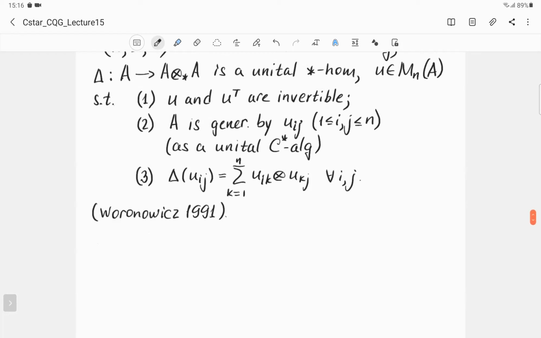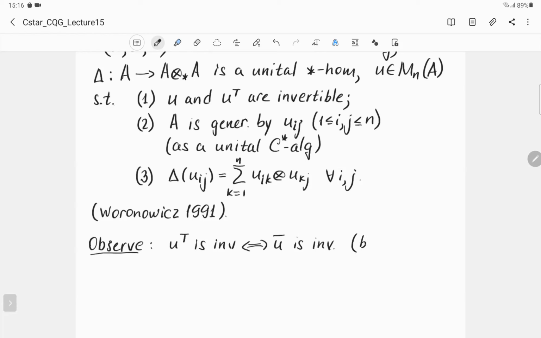By the way, let's observe that we can slightly modify this definition. We observe that U transpose is invertible if and only if U bar is invertible. The reason is that these two matrices are adjoint to each other: the adjoint of U transpose is just U bar.